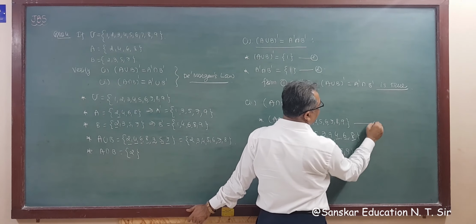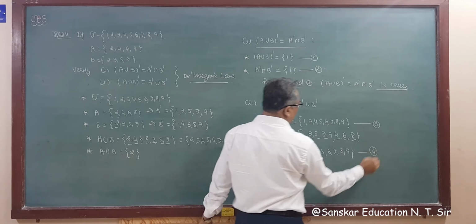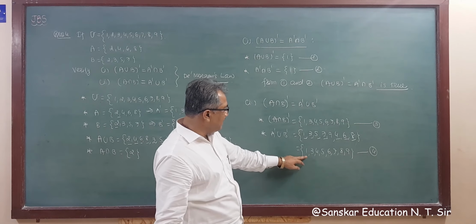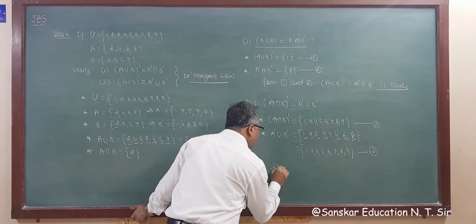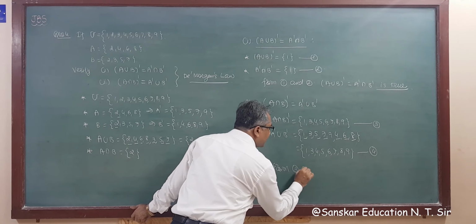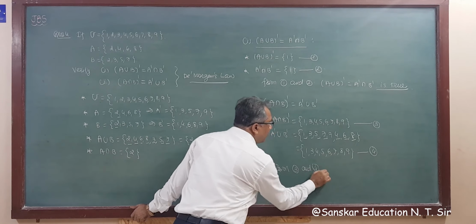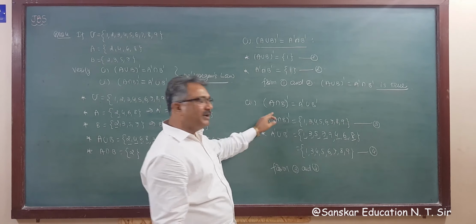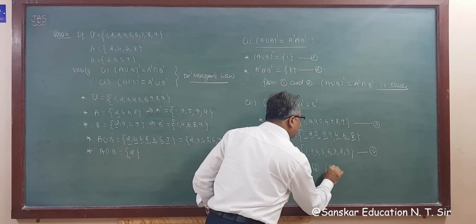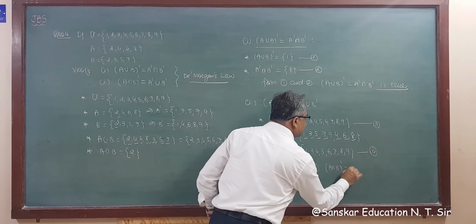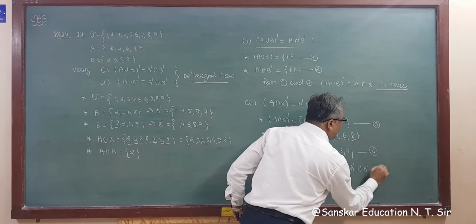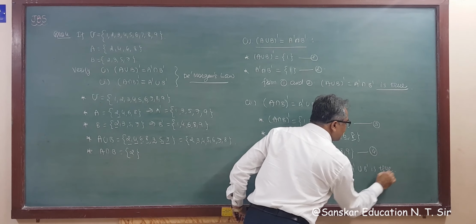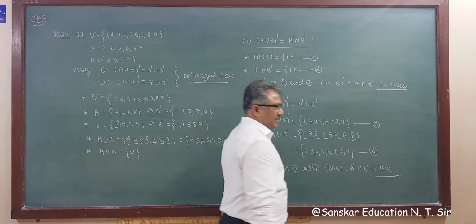Say this is number 3 and this is number 4. Now check, are 3 and 4 equal? So both sets are equal. So from 3 and 4, the result A intersection B whole dash is equal to A dash union B dash is true. Right? Okay.